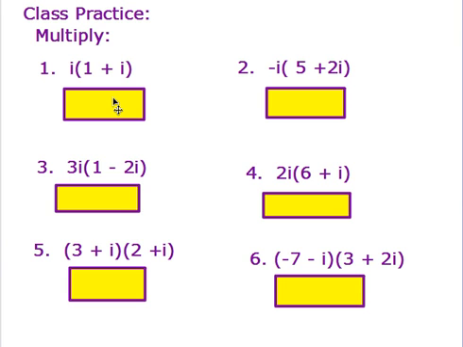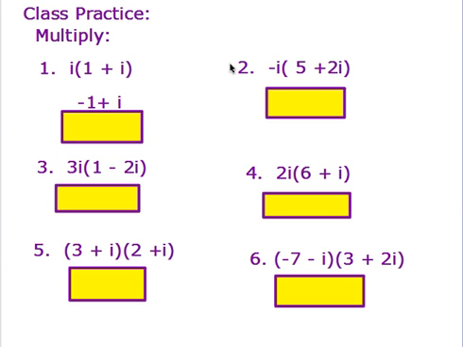And let's check out the answer. For that first one, you should get -1 plus i. I don't know if I gave you enough time. All right, go ahead and hit pause. Write these down, try them, and then I will show the answer. So you need to hit pause because I'm not going to wait for you to get them all done. Okay, hit pause.